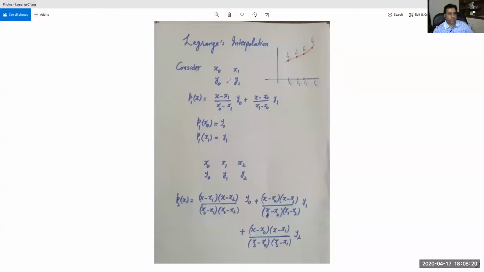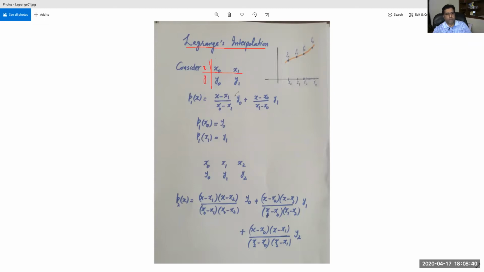So dear students, you can see on the first slide of this lecture, the topic is Lagrange interpolation. So imagine we have been given some data regarding an unknown function. I have taken 2 nodes. These are the values of x, and this is y.